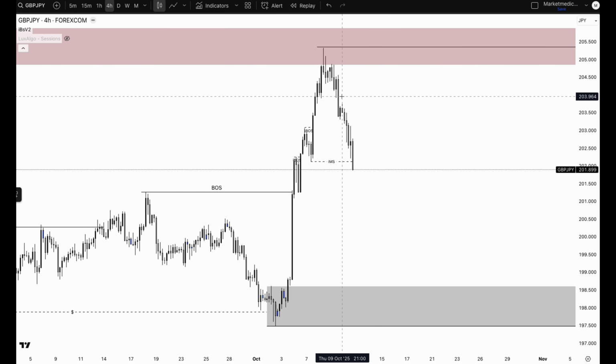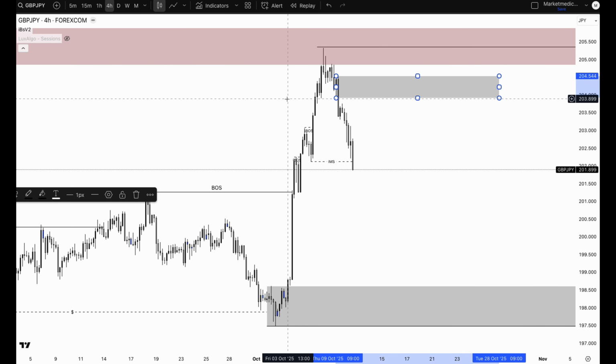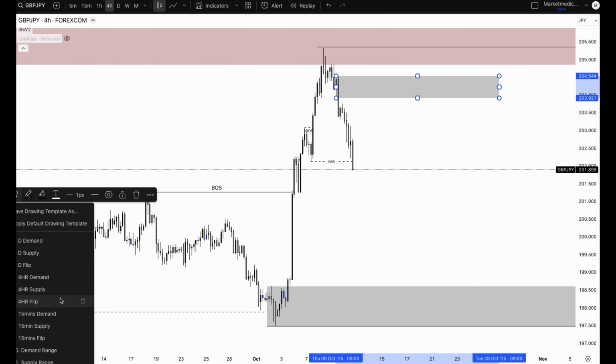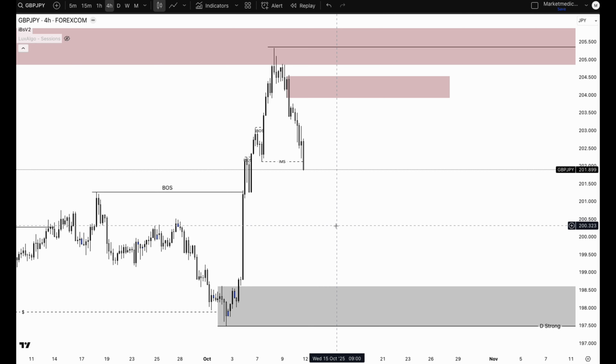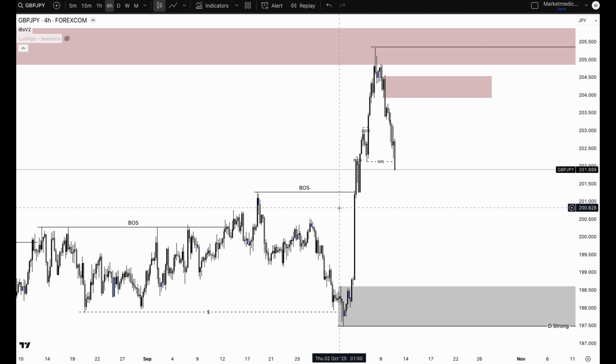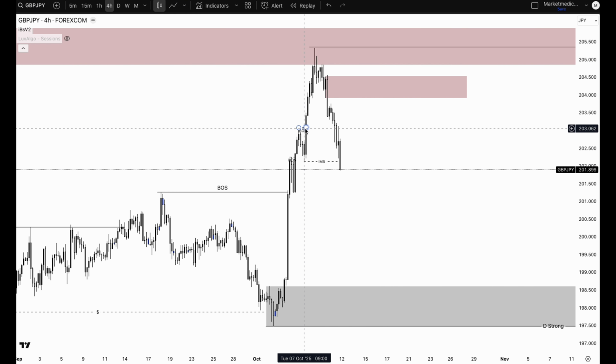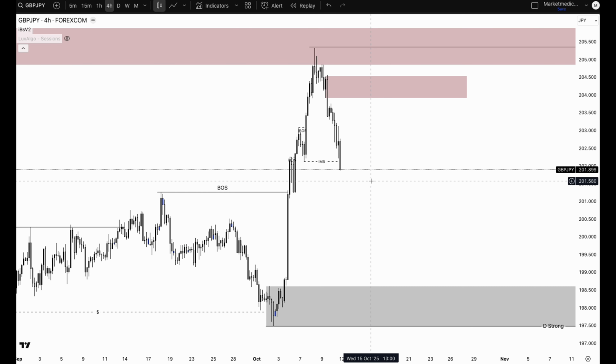In between here we have our supply order block. Just as we did for the daily, we are doing for the 4-hour too, supply order block. Here on the 4-hour, that is all I can see. We have our internal market shift. The market has broken the last internal structure, internal market shift. So now we can think of a pullback to these levels here.